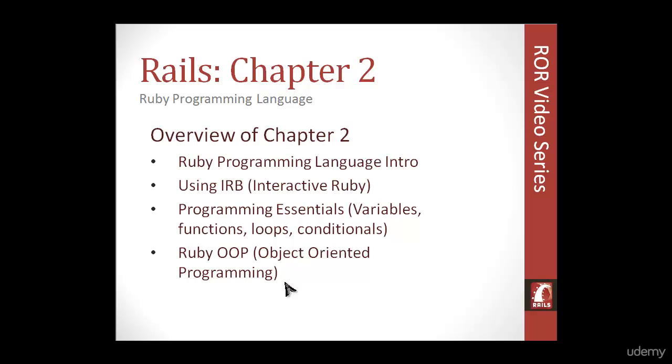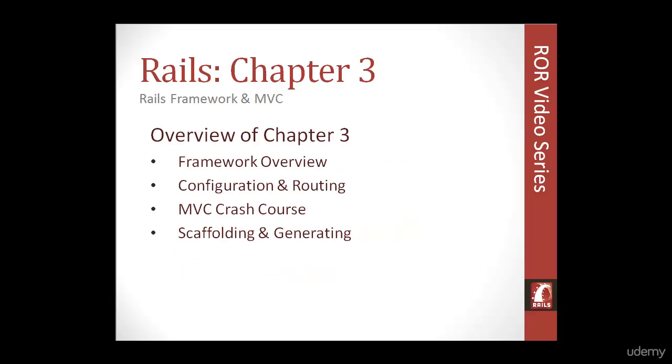And then we're going to go over the object-oriented properties of Ruby. Ruby is actually a pure object-oriented programming language, but you can also do procedural stuff as well. So that's chapter 2.